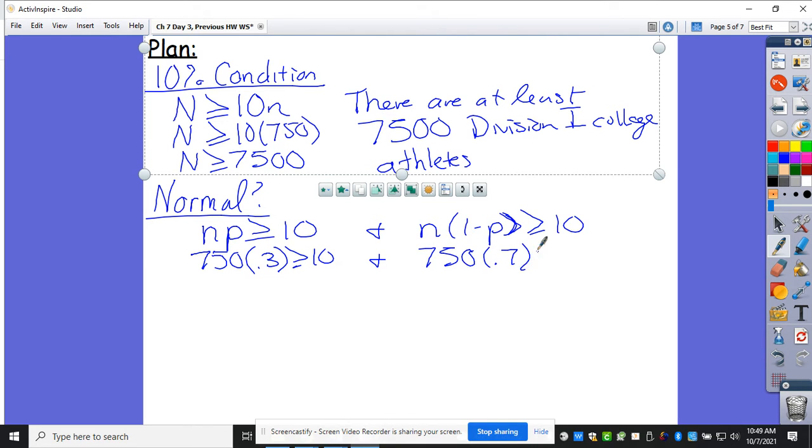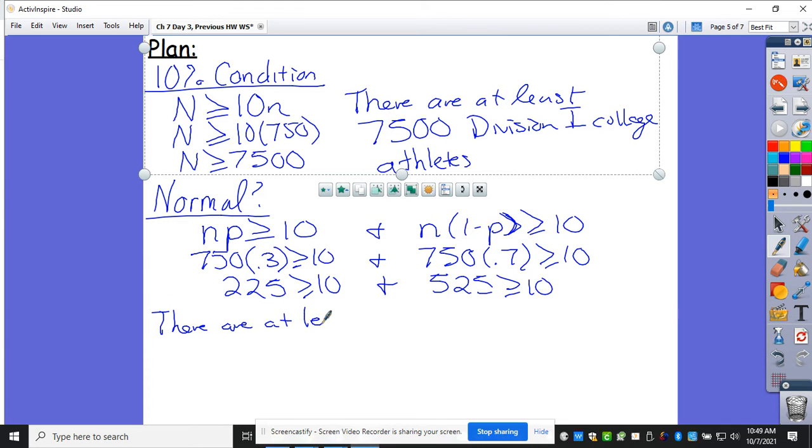So it's going to leave 0.7 for here. What's 30% of 750? Which leaves me what over here? There are at least 10 what? Do or don't believe.